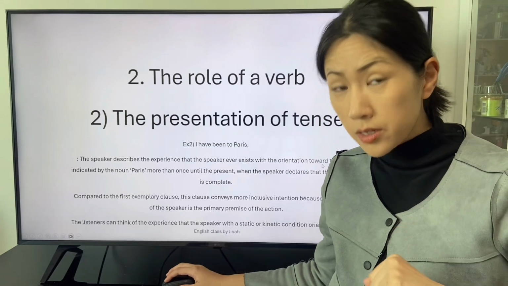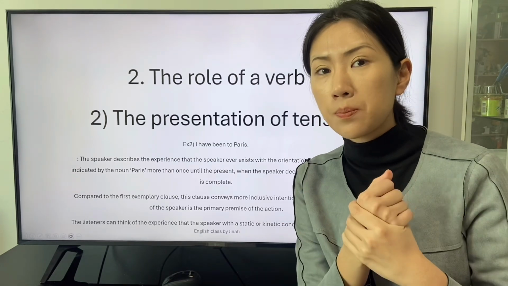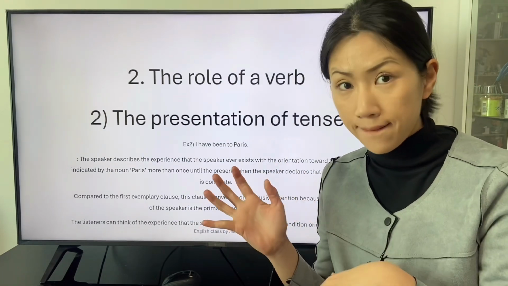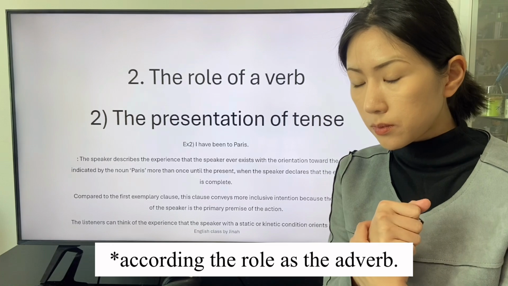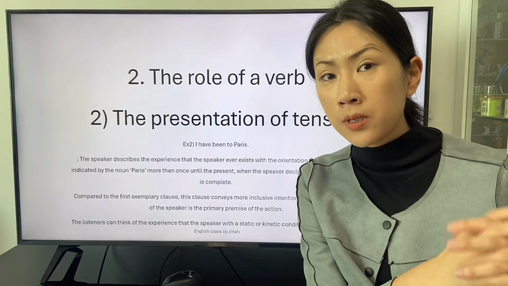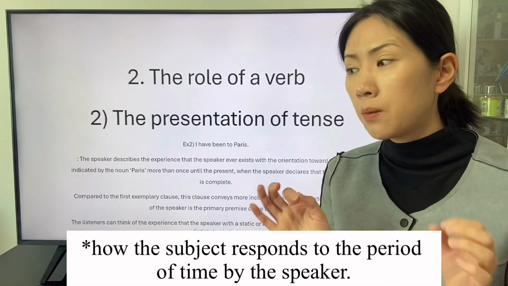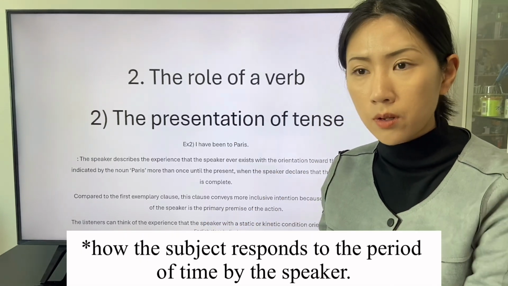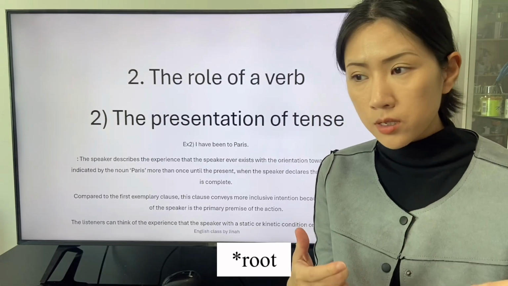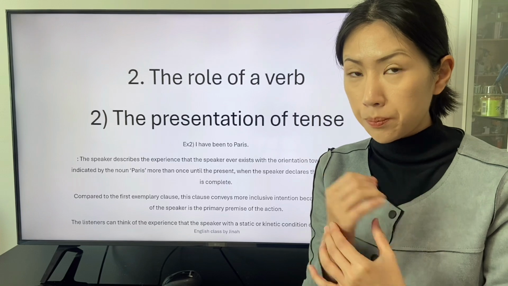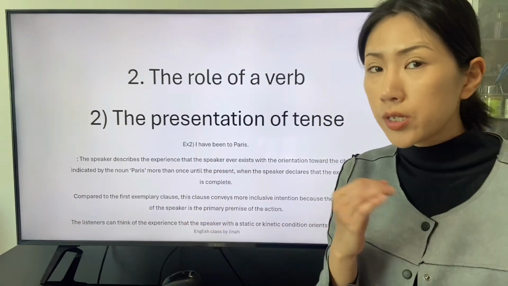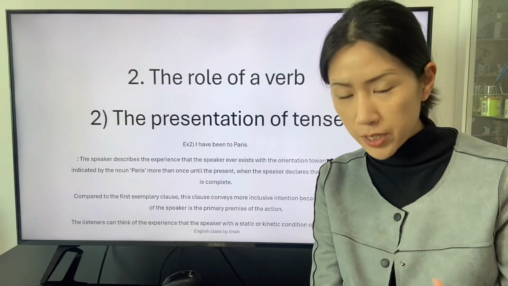In the second clause, the past participle been describes the intransitive verb have. The root form of the past participle been is the be verb to describe the existence of a subject.